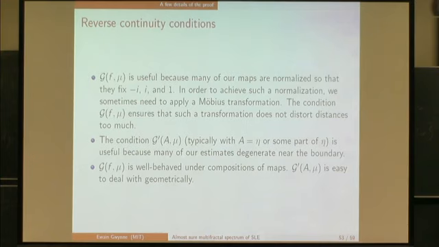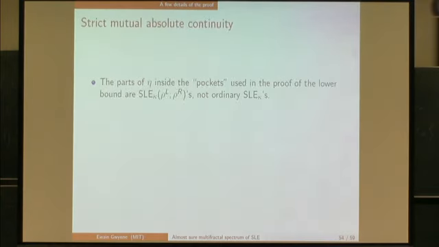If we compose two maps and they both satisfy this script G condition, then the composition will also, with a function which depends only on the mu's for the two original functions. And on the other hand, the event script G prime is nice to deal with geometrically. And so this equivalence of these two events allows you to transfer geometric information into information about the conformal maps and vice versa, which is extremely useful in dealing with all of these estimates.